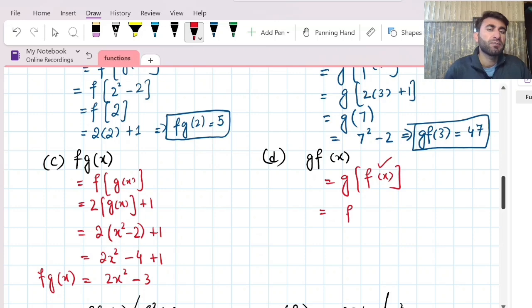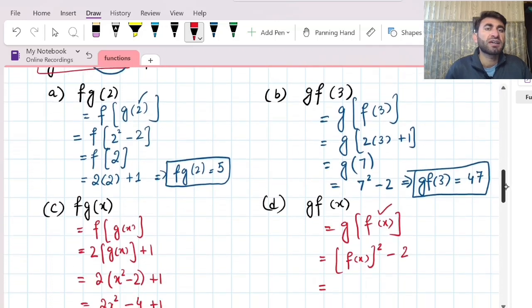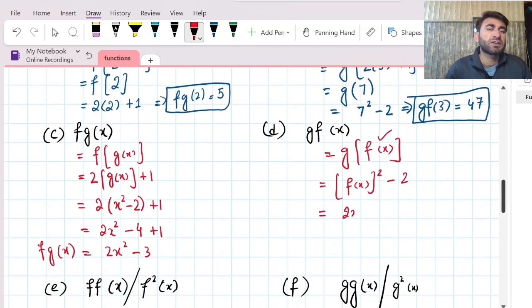So it will become f of x with a square over it, then subtract 2 from it. Now we have to replace the value of f of x over here, because f of x has an expression in it. It was 2x plus 1.